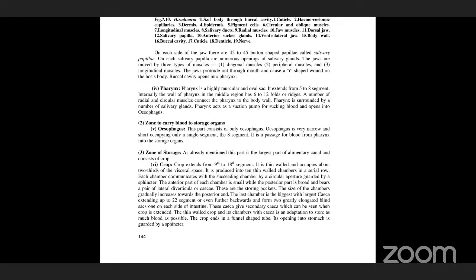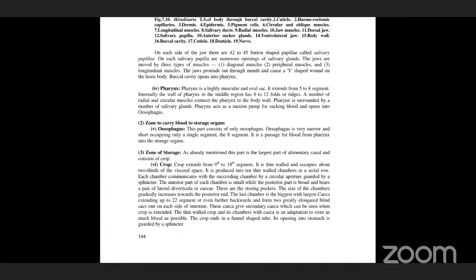A number of capillary muscles are present in the pharynx, and it is surrounded by the salivary gland. It acts as a suction pump for sucking blood and opens into the esophagus.